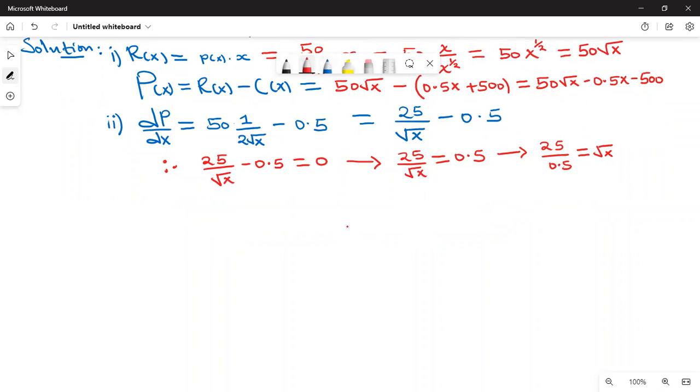So root x is equal to 50. So you square both sides to get x. In this case, root x squared will give us x is equal to 50 squared, which is 2500. And these are units. x is 2500.